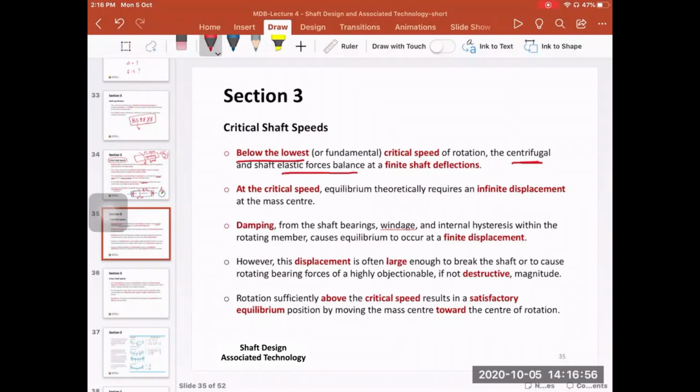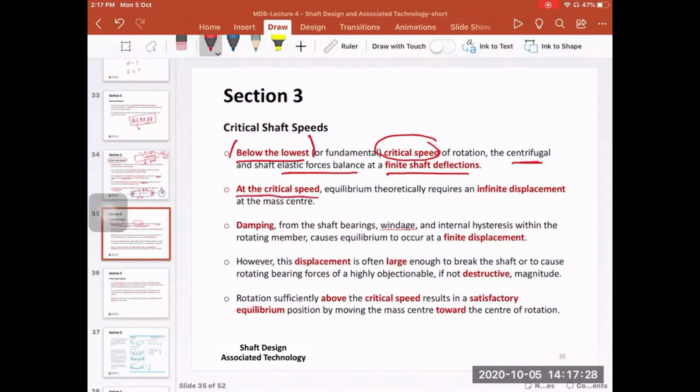If we consider the shaft as, for example, a spring-mass system, then when the rotating speed is below this critical speed, the centrifugal force and the elastic force due to the elasticity of the shaft are balanced. And then there is a finite shaft deflection, within range.